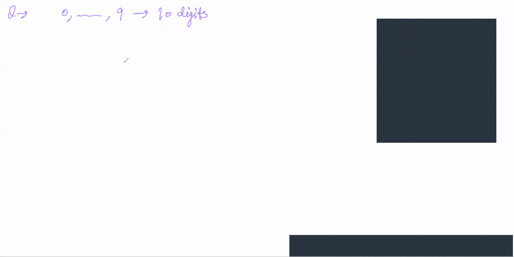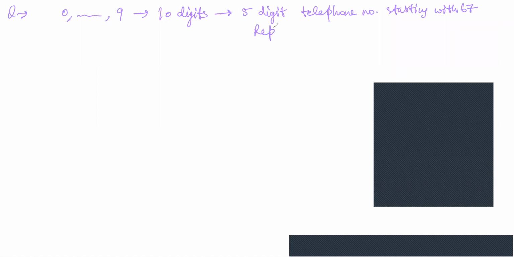Now let's understand what the question is saying. We have to make a 5-digit telephone number which is starting with 67, and repetition is not allowed.